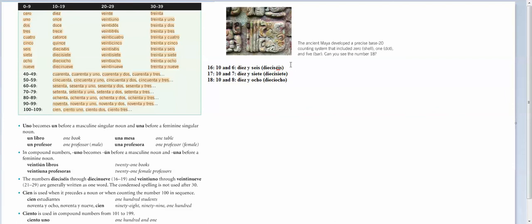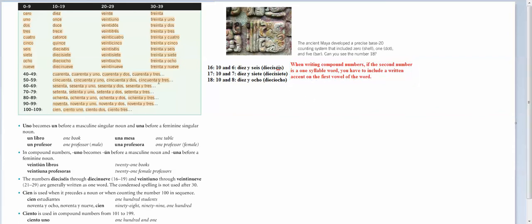So when writing compound numbers, if the second number is a one syllable word, you have to include a written accent on the first vowel of the word.